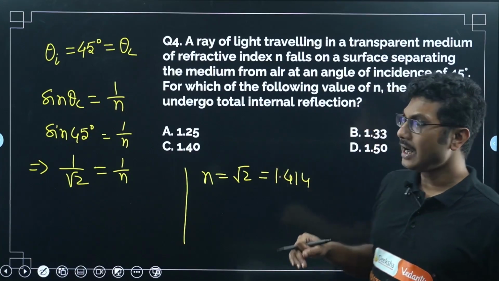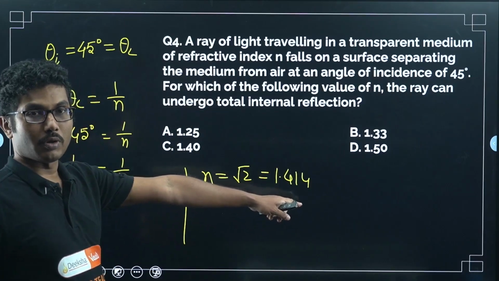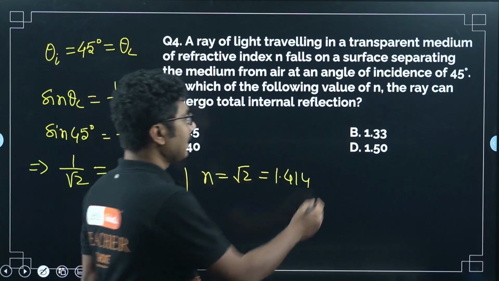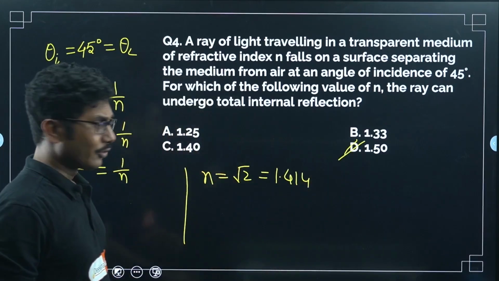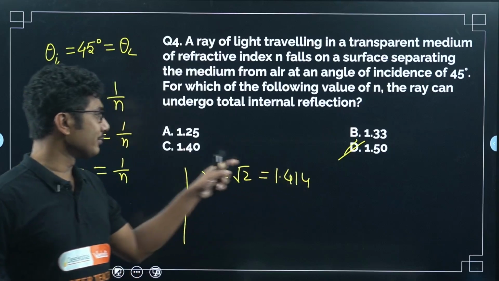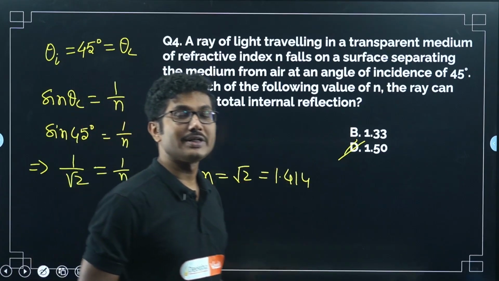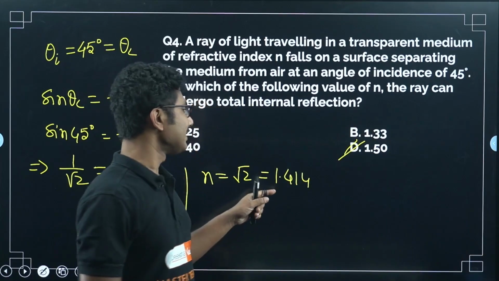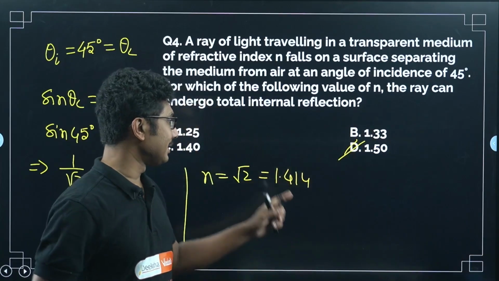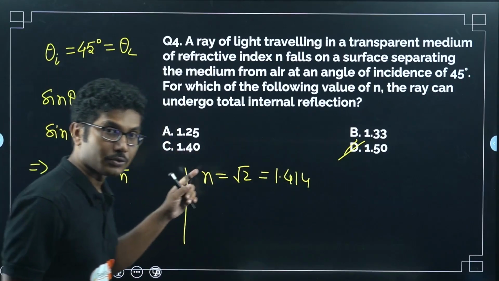From the given data, if you see, all the values are less than 1.414 except 1.5. Okay, now you might think, okay, this is the closest answer, so this will be the answer. No, in this case we have to see whichever is greater than this value. Okay, in this case we can see only one value is greater than this, so 1.5 is the answer, not 1.4, even though it is closest.